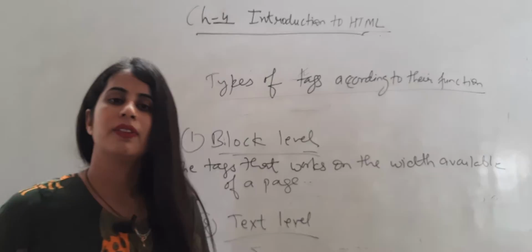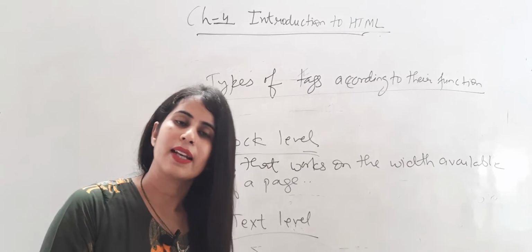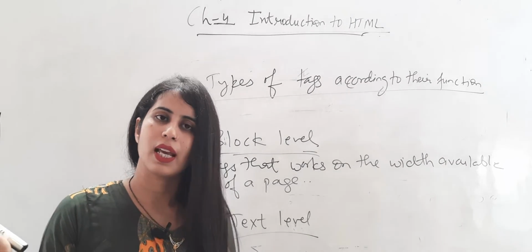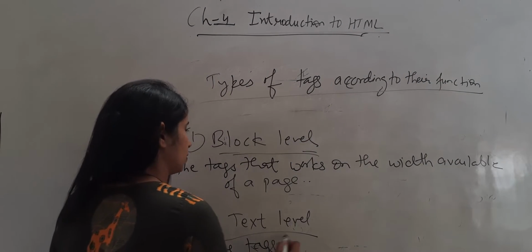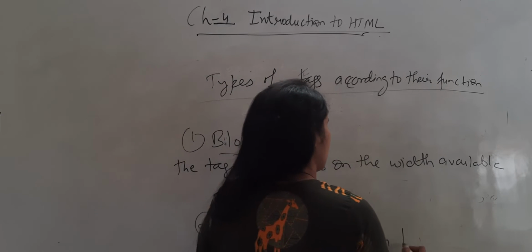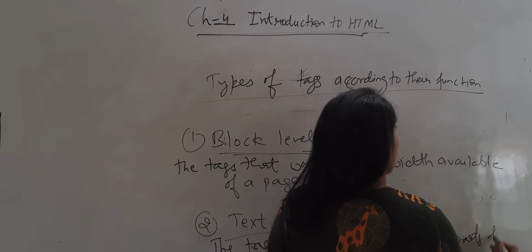And what are text level tags? The tags that work on text or parts of the text, or you can say a portion of the text. So the tags that work on text or parts of the text.